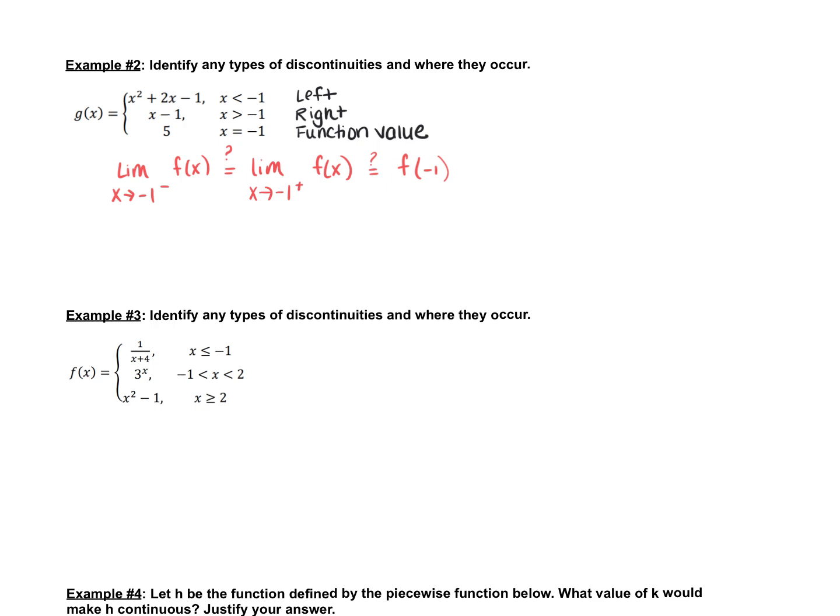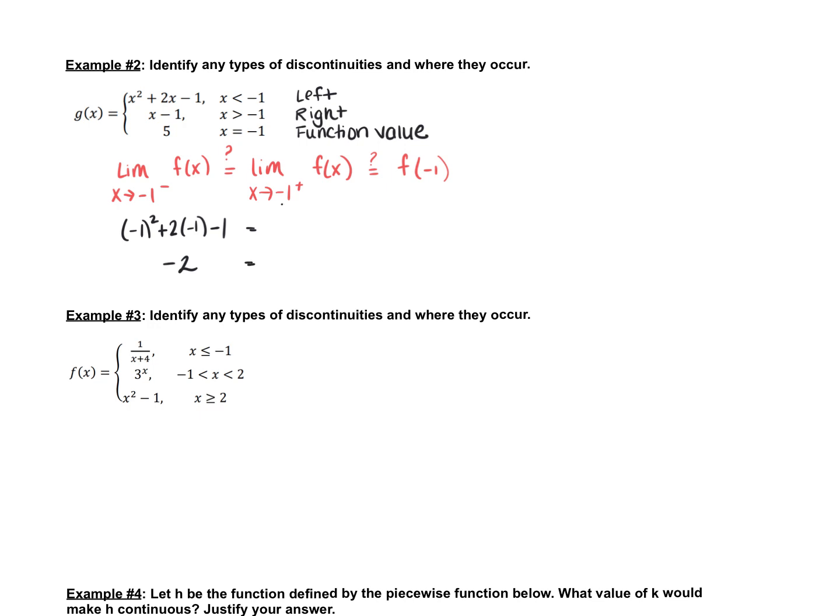So for the limit from the left, we plug into this function: -1 squared plus 2 times -1 minus 1. So what's that? 1 minus 2 is -1, minus 1 is -2.